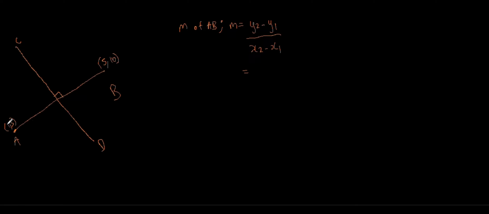Here would be x1, y1, here would be x2, y2. So we have 10 minus 3 divided by 5 minus 1. This would be 7 over 4. So the gradient of the line AB is 7 over 4.